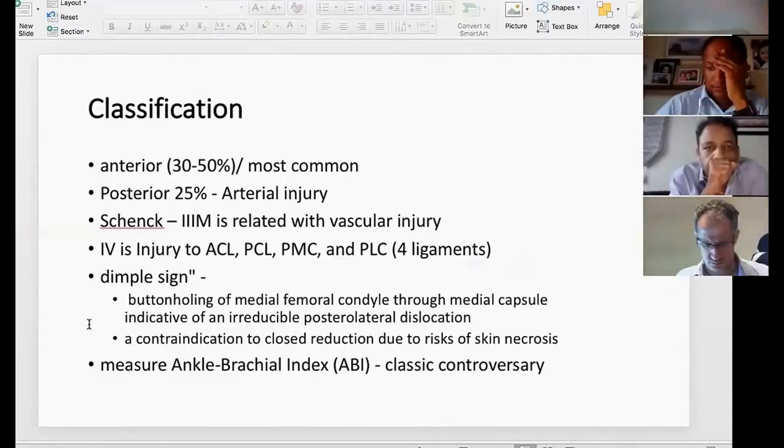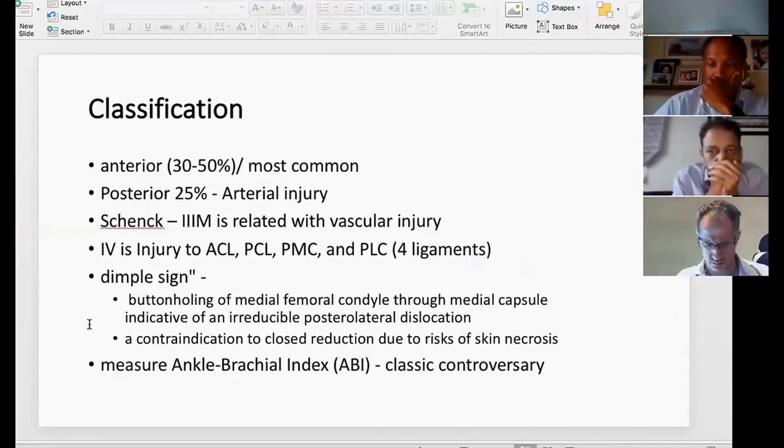And if it's 3 medial, it is associated with vascular injury. If it's posterior, which is 25% of dislocations, it is associated with arterial injury. If it's anterior, which is the most common, 30 to 50%, arterial injury is not as common.